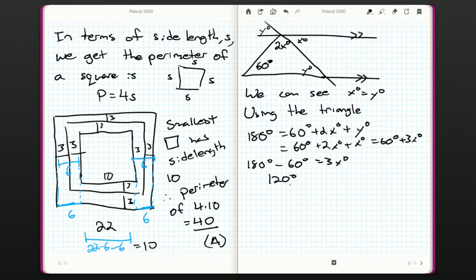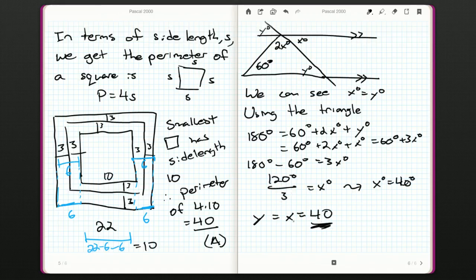So that's 120 degrees. And if we just want x by itself, 120 degrees divided by 3 is going to be x degrees. So x degrees is equal to 40 degrees. But we were asked for y, not x. But y is equal to x, which we have just shown is equal to 40.